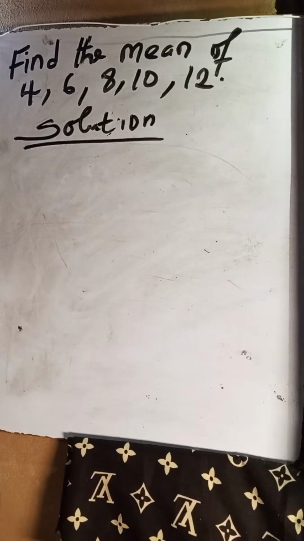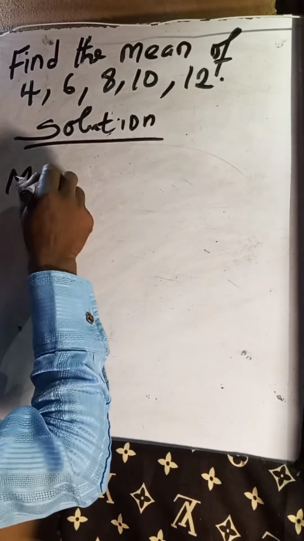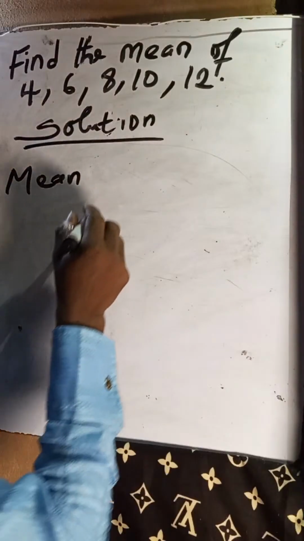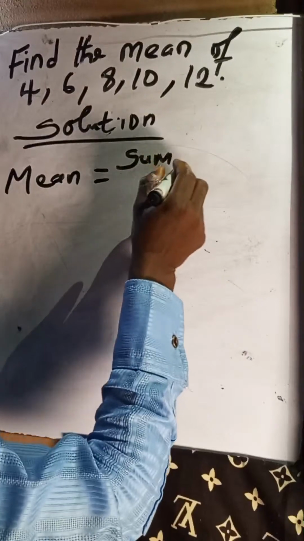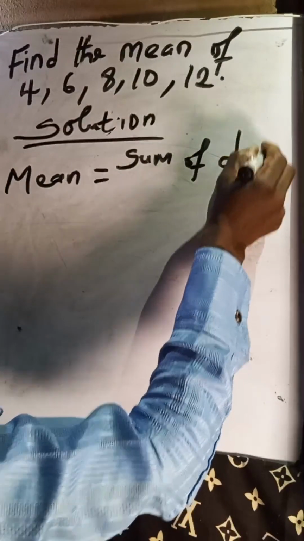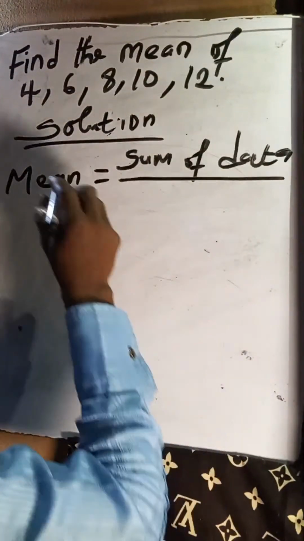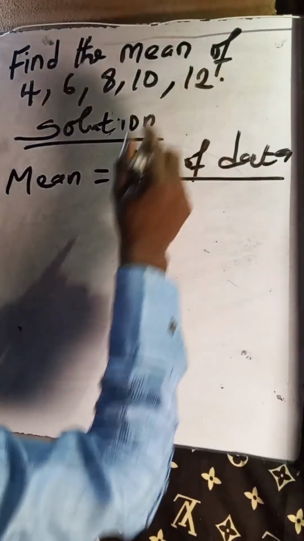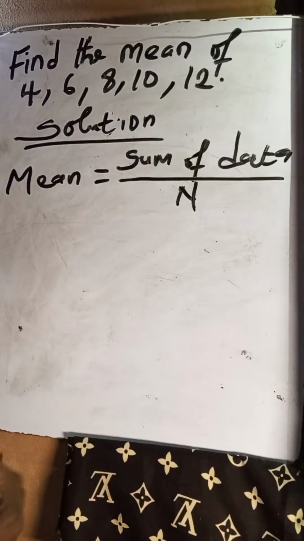The mean is given by the sum of the data, the sum of the whole numbers here, divided by n. n is the count.